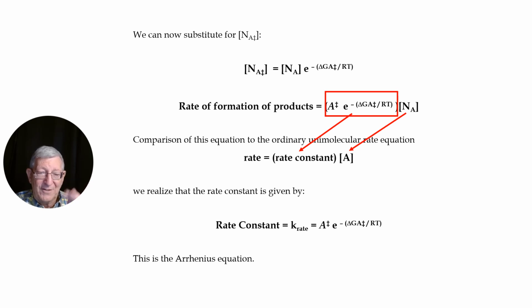So the rate constant is typically the frequency factor times this exponential term. And that's the classic Arrhenius equation.